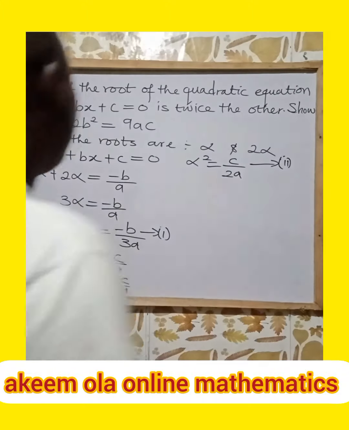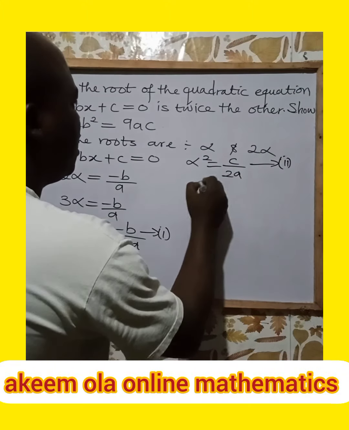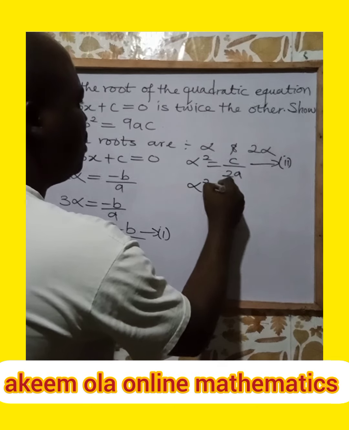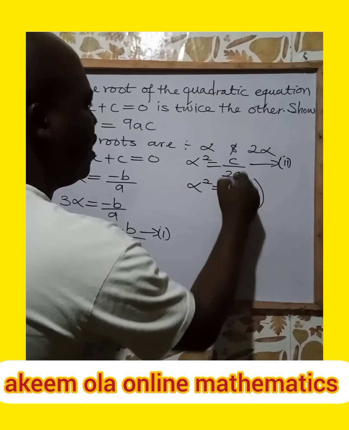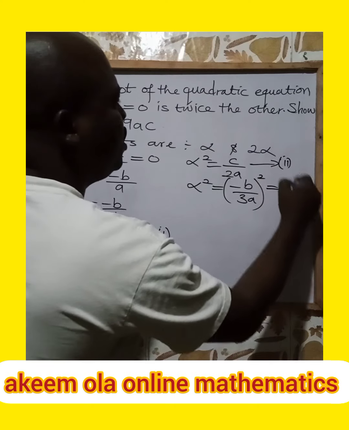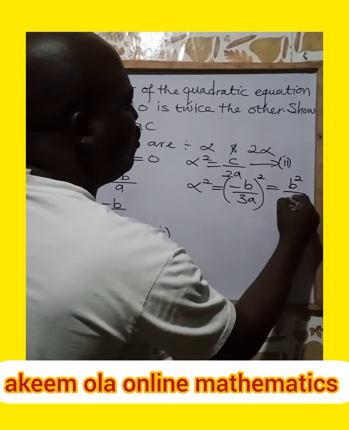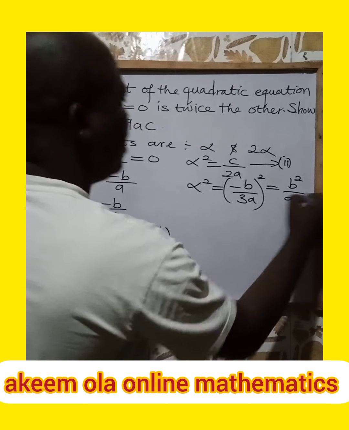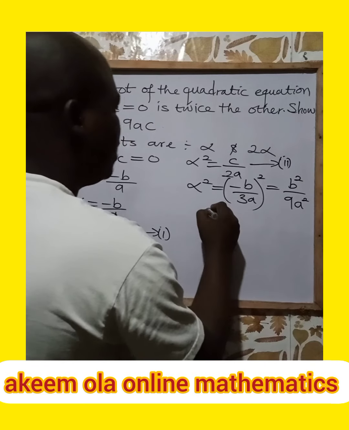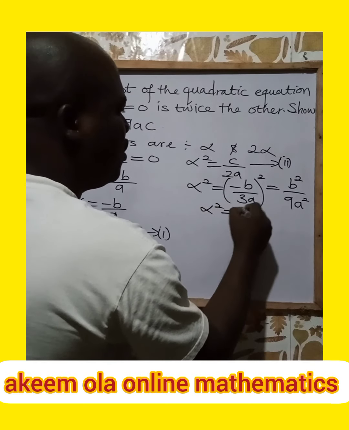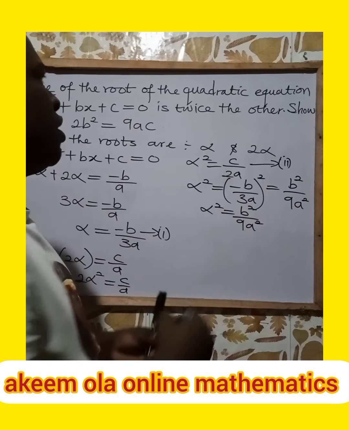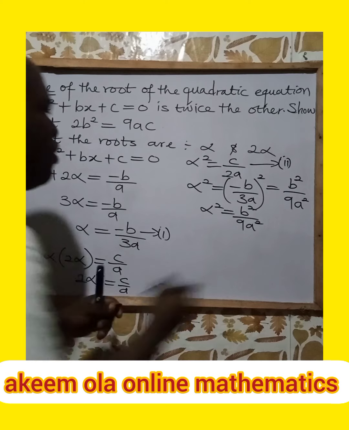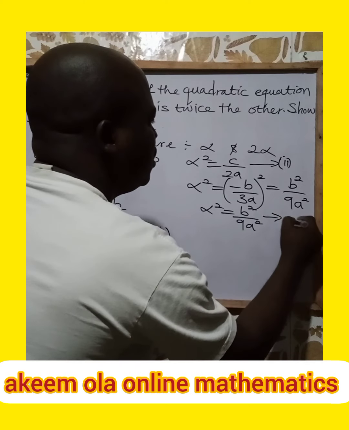So squaring equation 1, I am going to have alpha squared is equal to minus b all over 3a, all squared, and that will give us b squared all over 9a squared. So I have alpha squared equal to b squared all over 9a squared. I can call this equation 3.